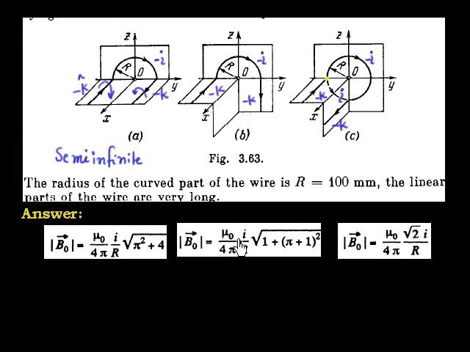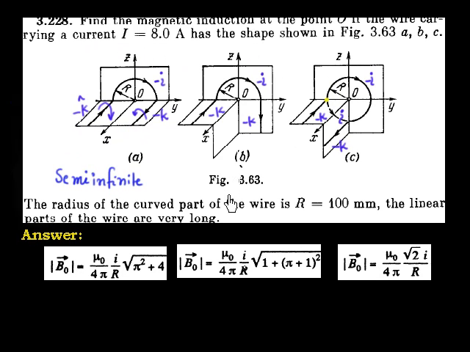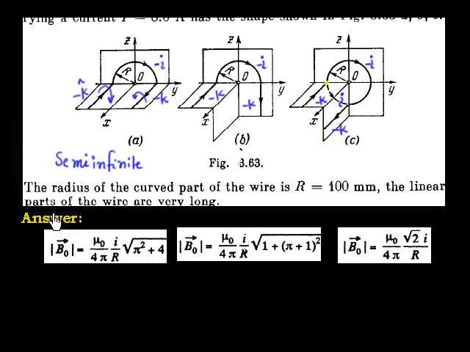So let us discuss case number 1, that is the first case. If I have situation number 1, this is the semi-infinite wire. Let us break into three parts, that is vector B equals vector B1 plus vector B2 plus vector B3.